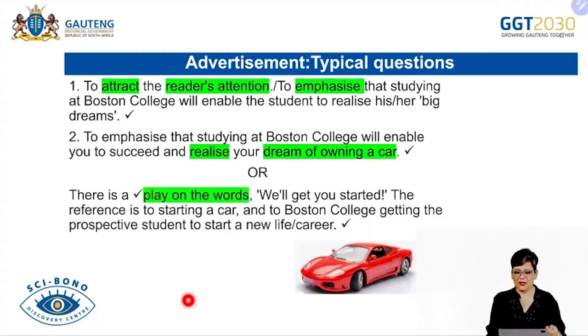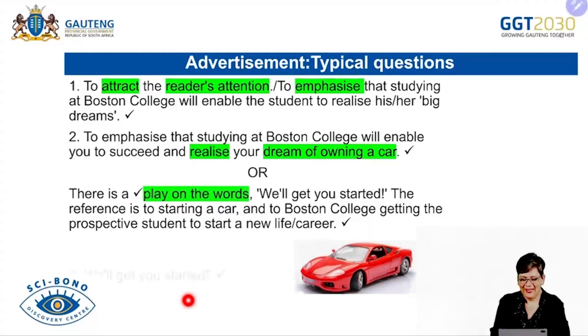If you start a car to move forward, obviously Boston College will ensure that we start your life or your career. Can you see what we do? We include all possible answers in the memorandum, but it always refers back to the text. So it's not a random answer, it always refers back to the text.